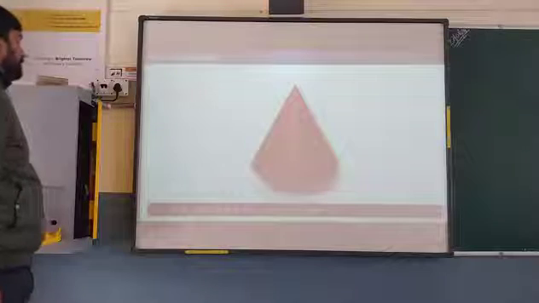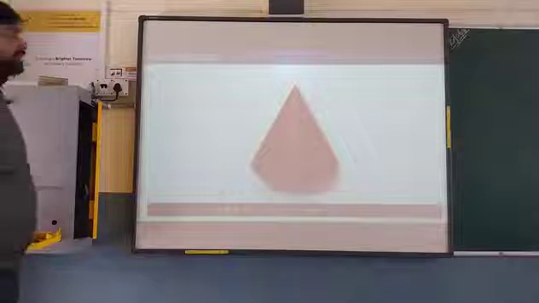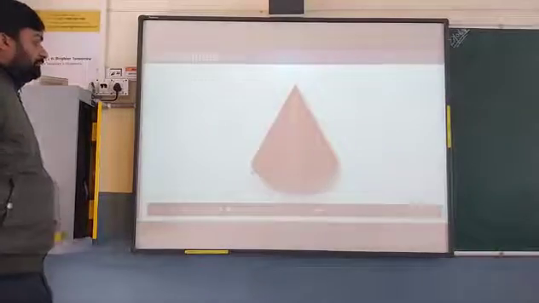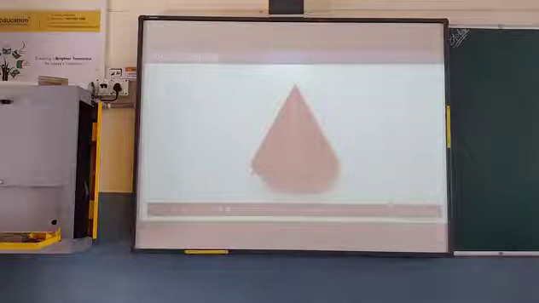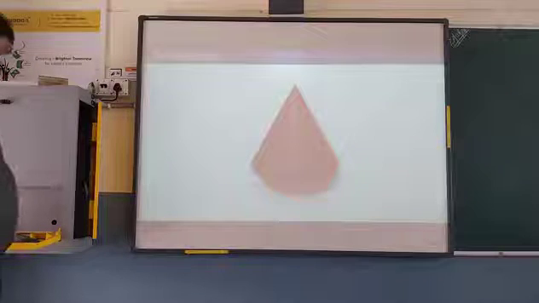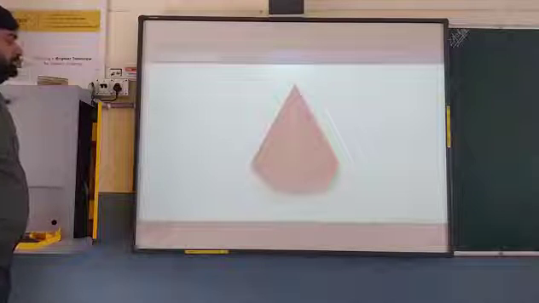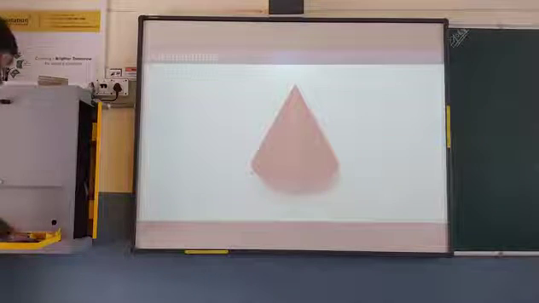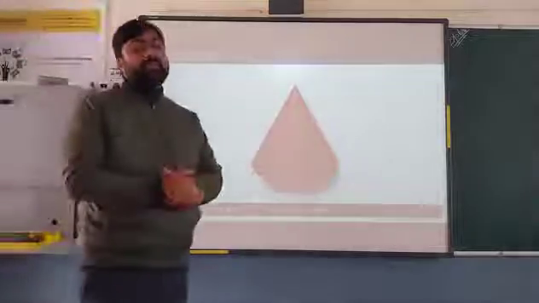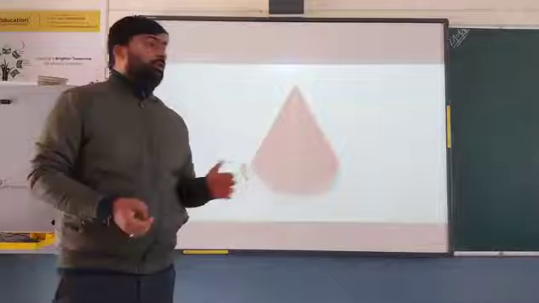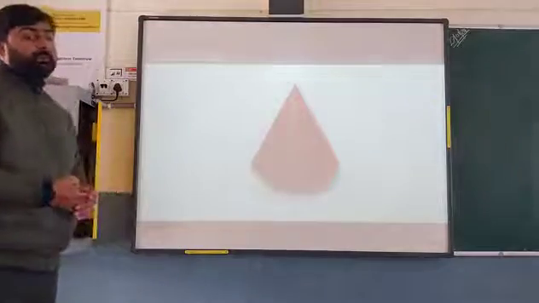For a solid shape to be called a polyhedron, all the faces must be polygons. If any one face is not a polygon, the solid shape cannot be called a polyhedron. So there is a basic criterion for a shape to be called a polyhedron: all the faces should be polygons only.